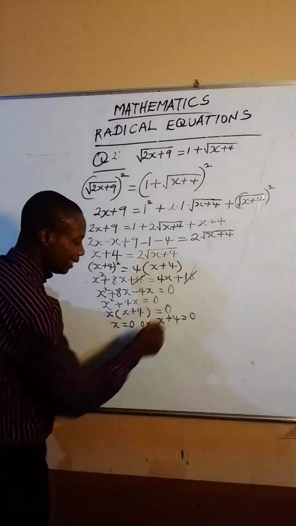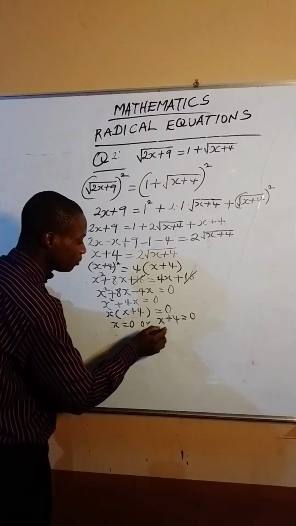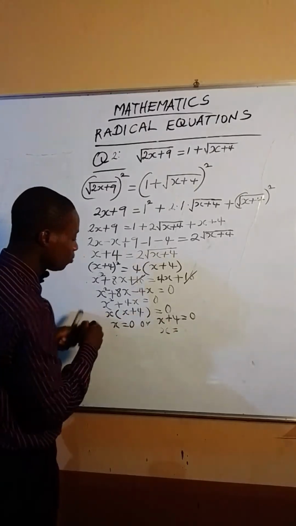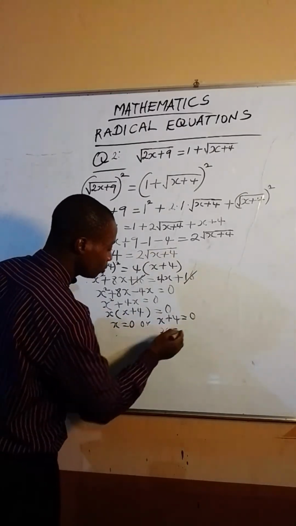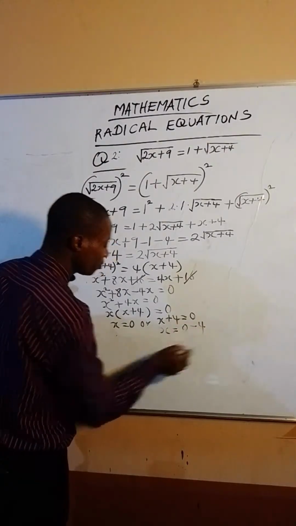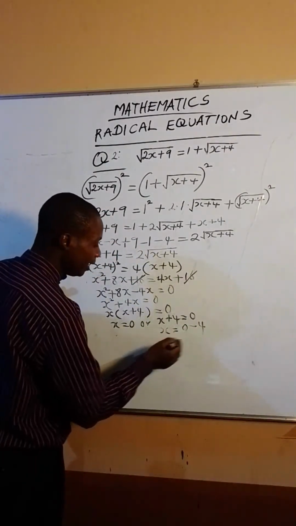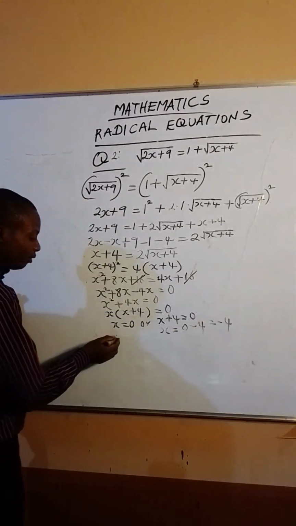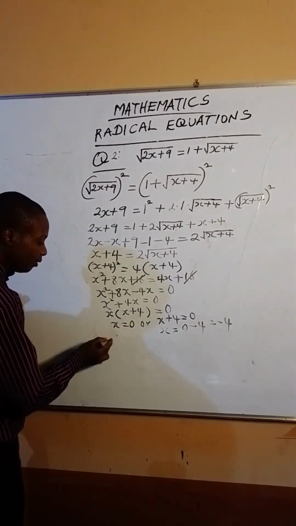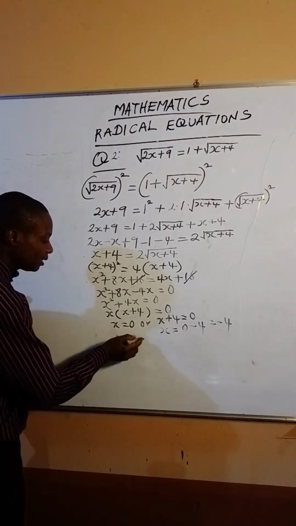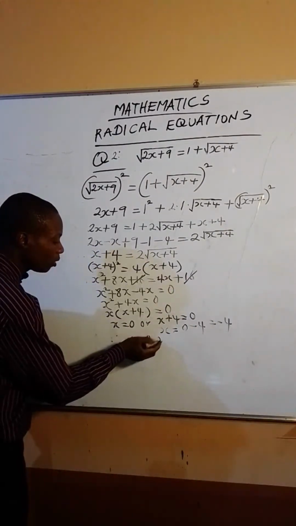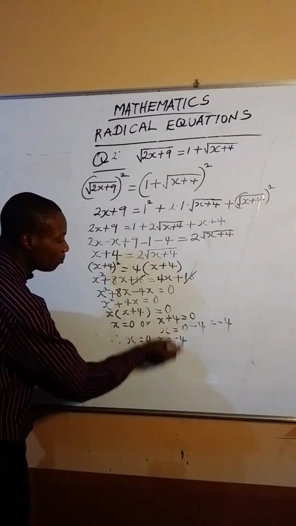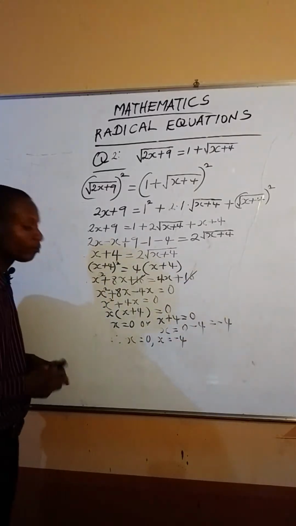When we move 4 to the right hand side, we obtain x is equal to 0 minus 4, making our x here to be minus 4. Therefore, we have x is equal to 0, or x is equal to minus 4. This is one way to solve the problem.